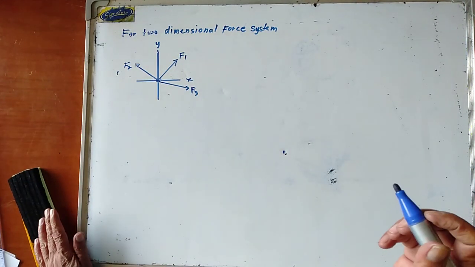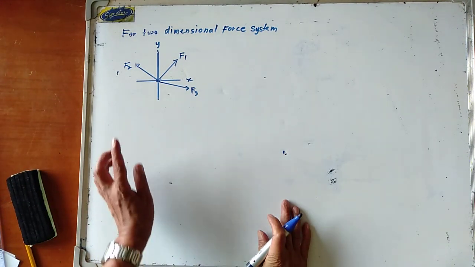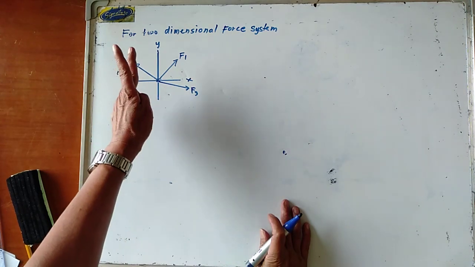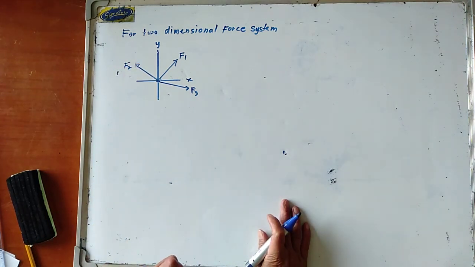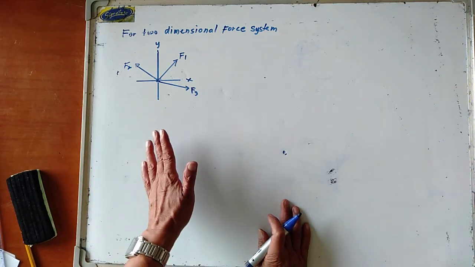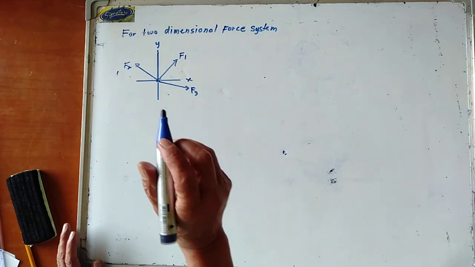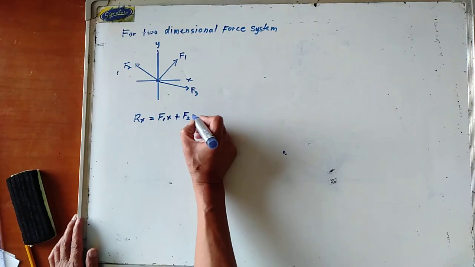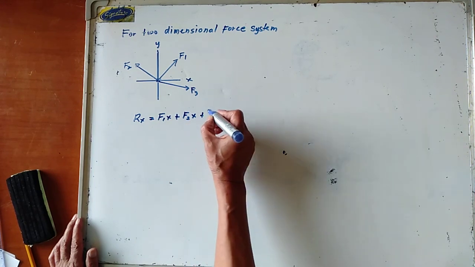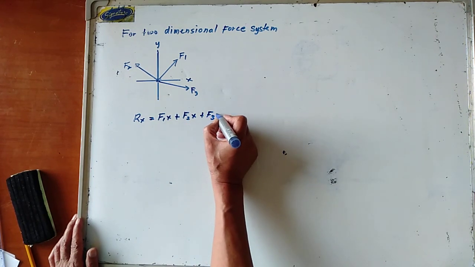For a two-dimensional force system, we have the x-axis and the y-axis. How are we going to determine the resultant of these forces? Your Rx is equal to F1x plus F2x plus F3x.